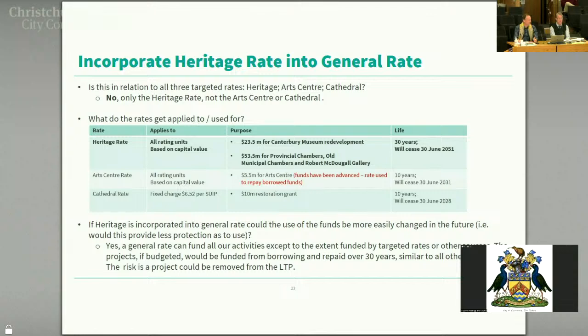This proposal, though, is around the slightly broader heritage tax, which relates to 4 specific buildings. The idea originally is that we would advance the money and borrow it, and then use this particular targeted rate to repay the borrowing over 30 years. So that's what it relates to.